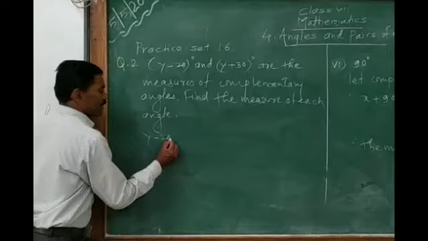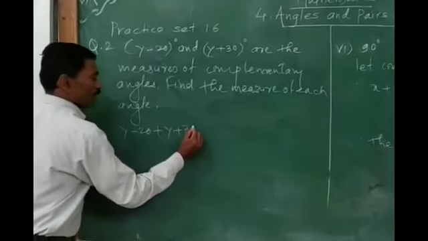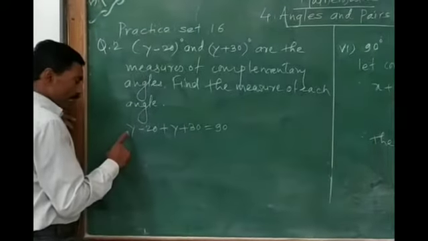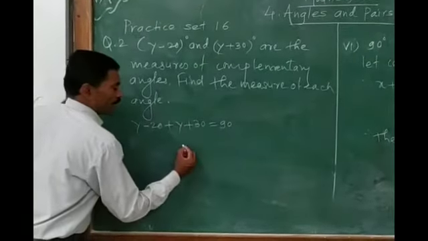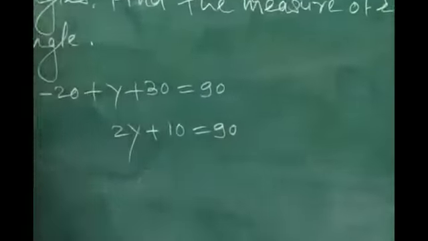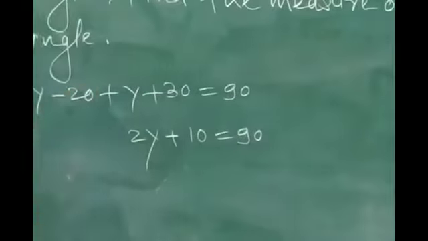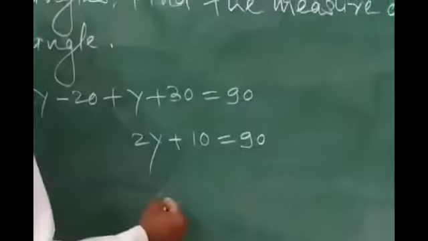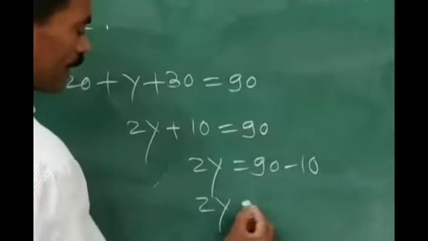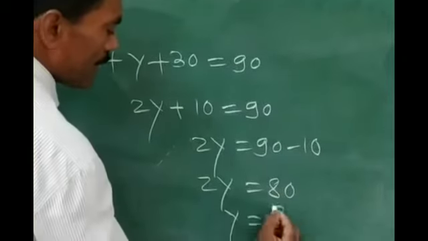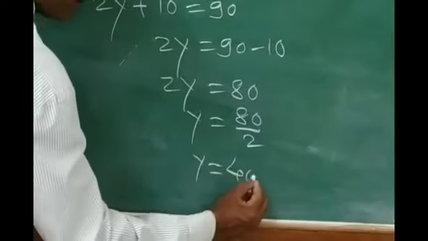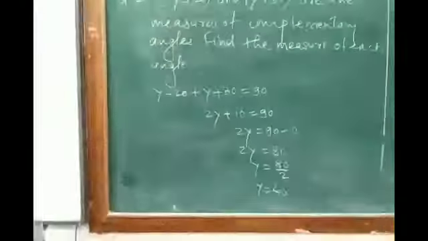Therefore, y minus 20 plus y plus 30 is equal to 90 degrees. Adding, y plus y becomes 2y, and negative 20 plus 30 is plus 10, so 2y plus 10 is equal to 90. 2y is equal to 90 minus 10, 2y is equal to 80. y is equal to 80 divided by 2, y is equal to 40 degrees.